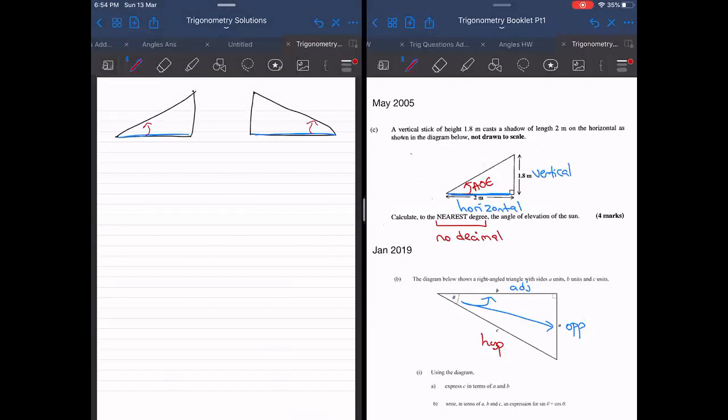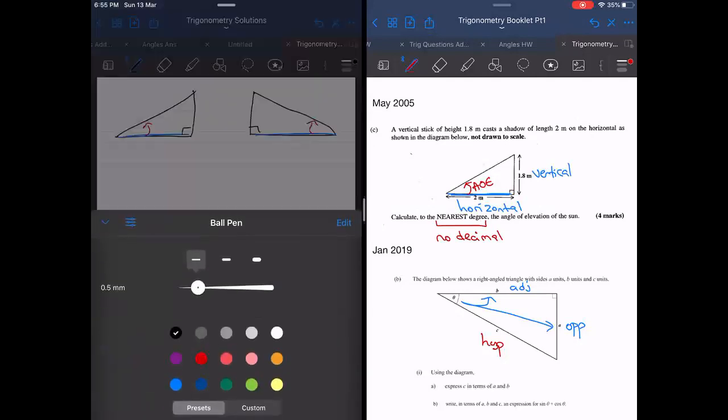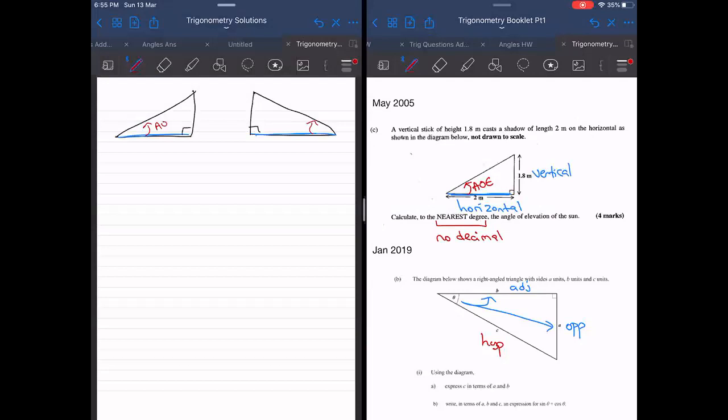So it's always one of these two. And in this case, this is the angle of elevation. When we start to do those questions, I'll talk about depression. I don't really want to stray too much.